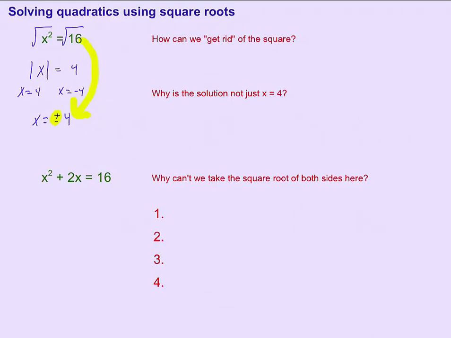Okay, if we look at the next equation, x squared plus 2x equals 16, why can't we do the same thing? Why can't I just take the square root of both sides here? Well, the reason is that the x squared is not isolated. And just like the absolute value equations, just like the square root equations, we know if you want to get rid of something, you've got to isolate it first.